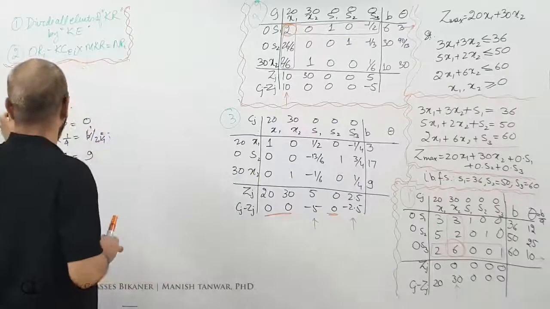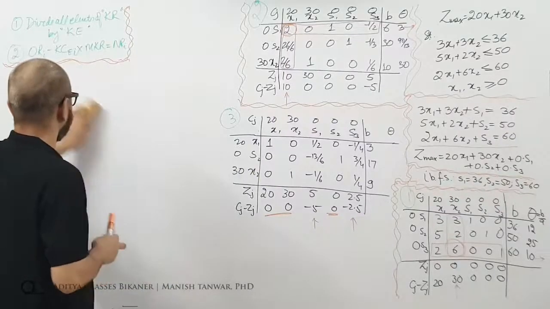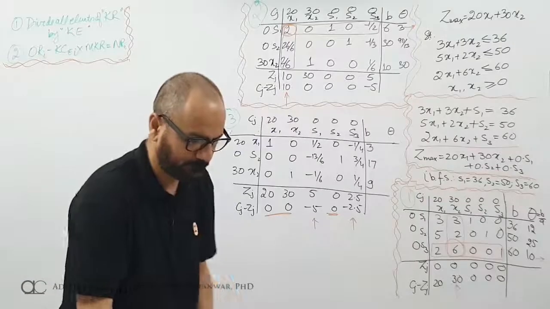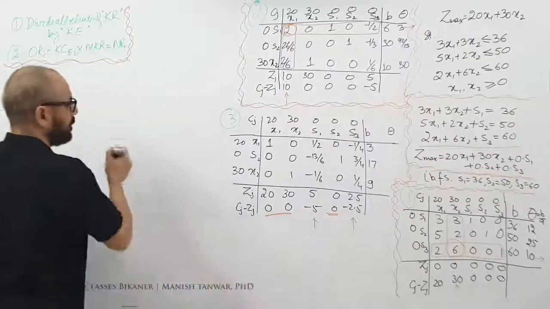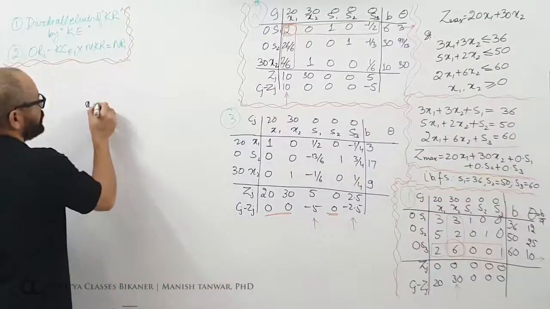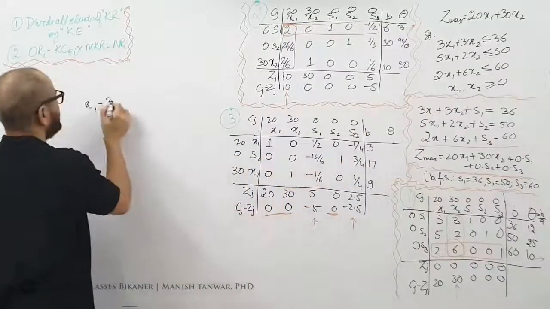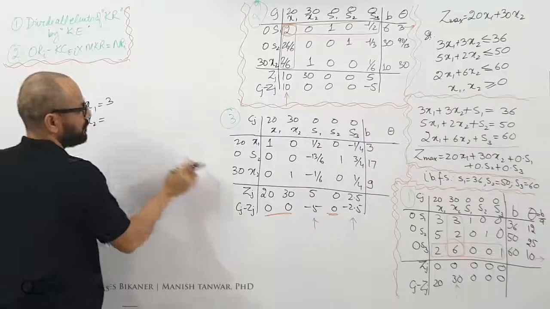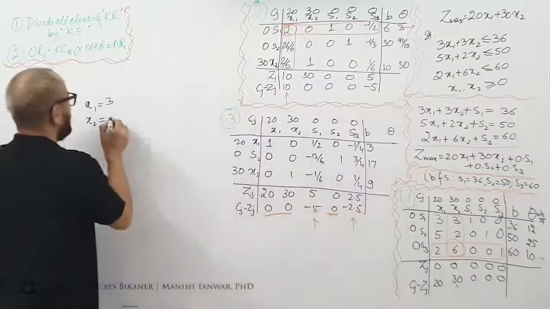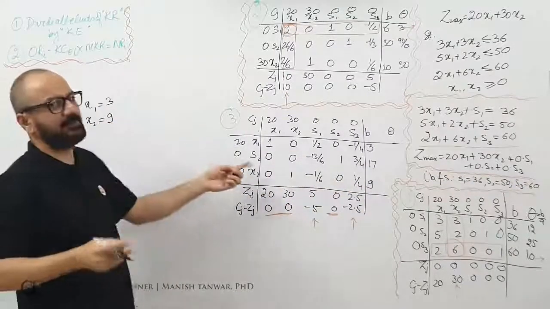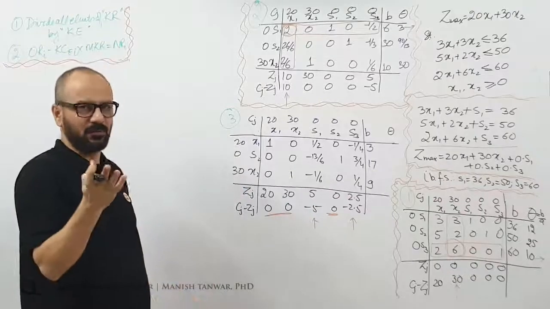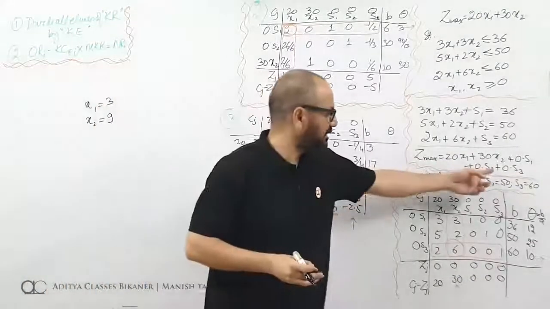So what will be my solution if someone asks? My solution for this problem would be x1 is equal to 3, x2 is equal to 9, and there will be a slack also, which we need not worry about, because ultimately the slack is not contributing.